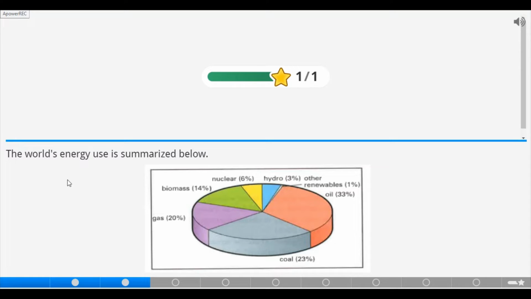We have a percentage very low, and all which is not renewable is 33%. Coal is 23%, gas is 20%, biomass is 14%, nuclear energy is 6%, hydro is 3%, while all other renewable energy is 1%, all making in total 100%.